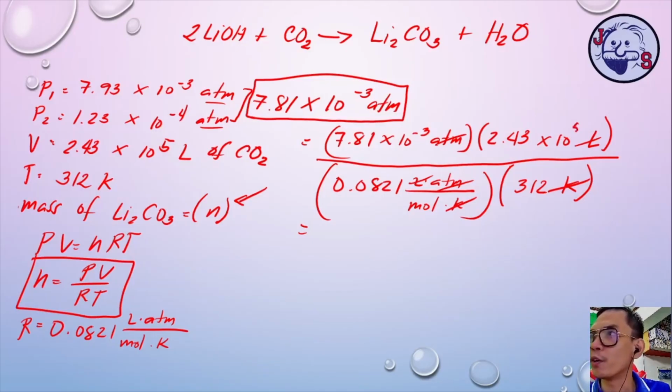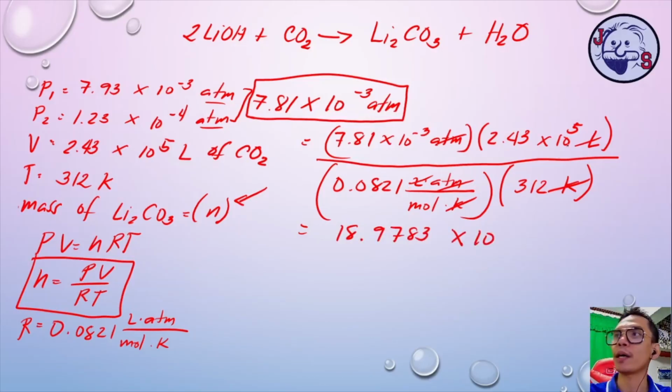Okay, so you might be confused. We have 7.81 times 2, so that will be 18.9783 times 10 raised to the 2.